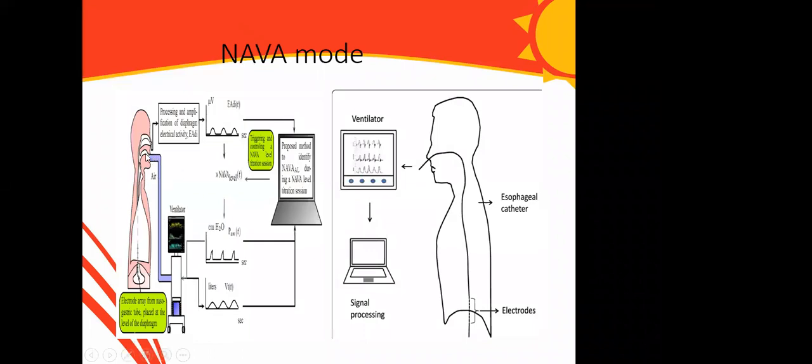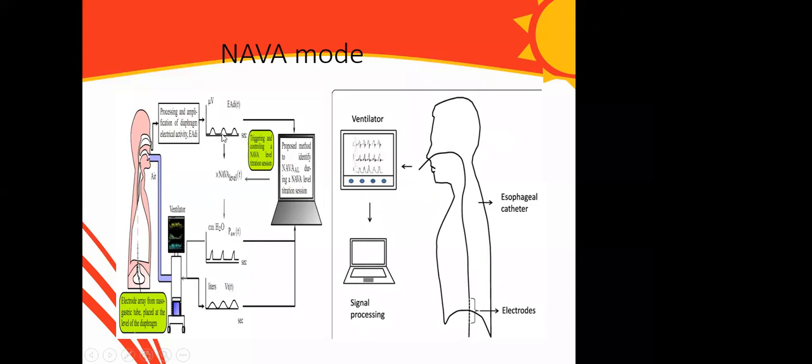Now, you pass an NG tube, and so the patient with an electrode, this is the diaphragm, and this is connected to a microprocessor. This is the esophageal catheter that goes with electrodes. What it does is that it picks the signals that the diaphragm is receiving from the higher center.